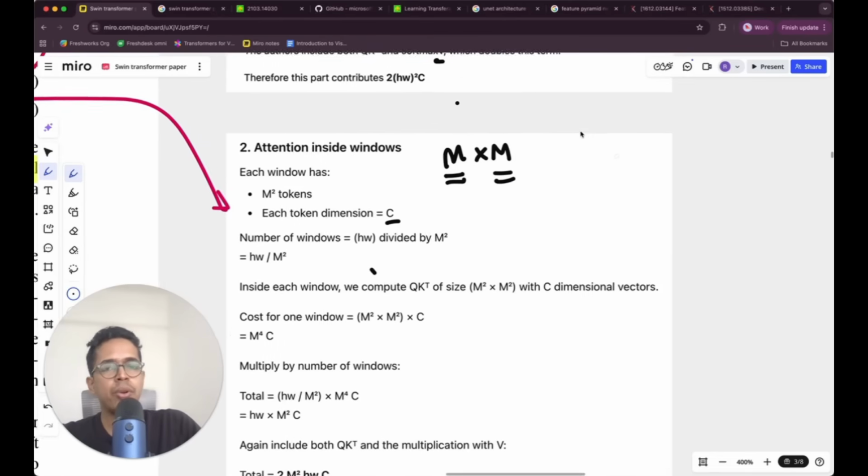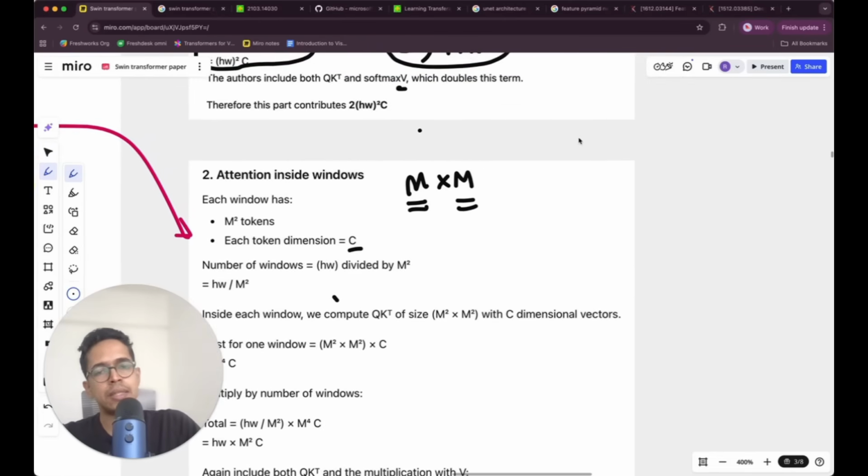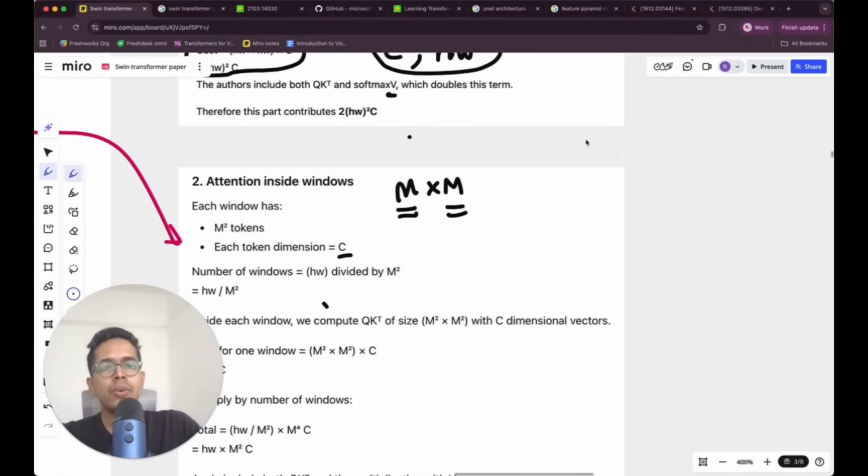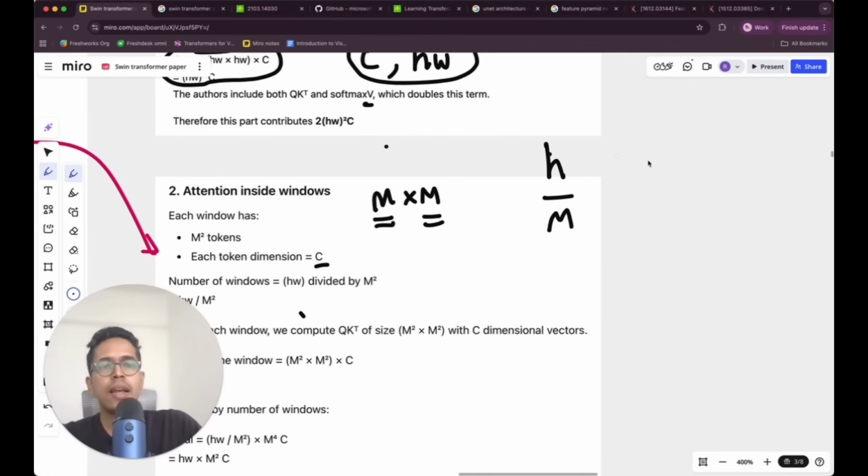Now we want to know totally how many such windows exist. For that, we need to know how many patches exist along the height, that is small h. And each window along the height is how many patches? It is M patches. So the total number of windows along the height is H by M. Similarly, how many patches exist along the width? Small w.